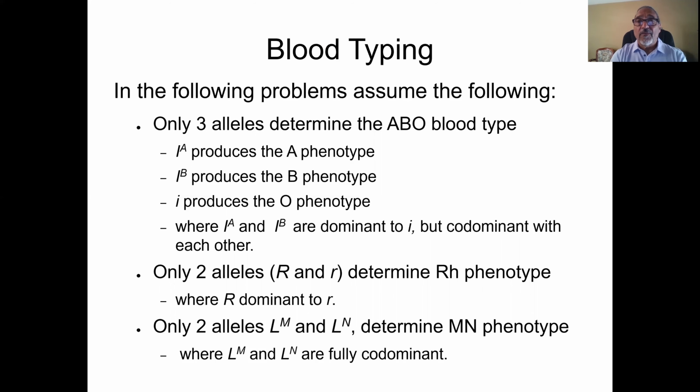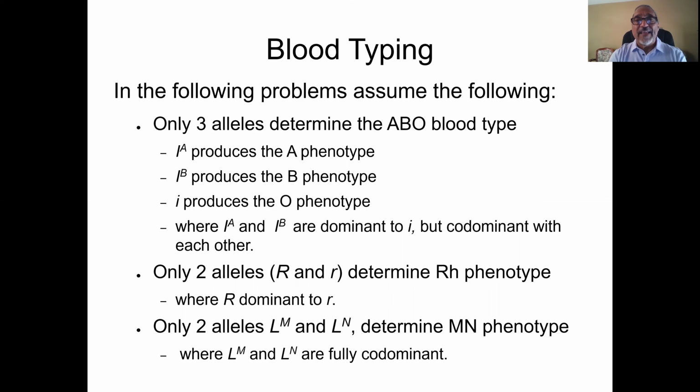Notably, the most important blood types, as I'm sure you're aware, are the A, B, and O blood types. And in this case, we have 3 different alleles at the blood type locus. A is dominant to O, B is dominant to O, but A and B are co-dominant.